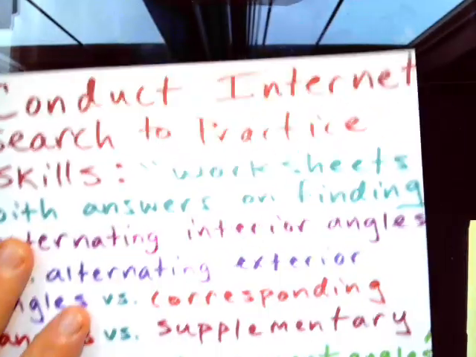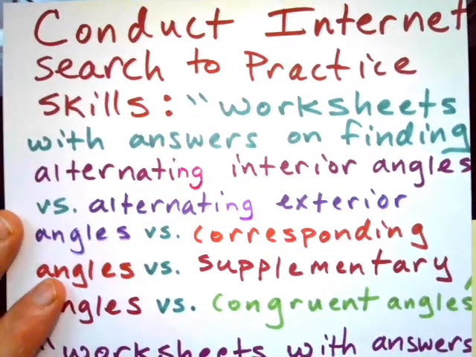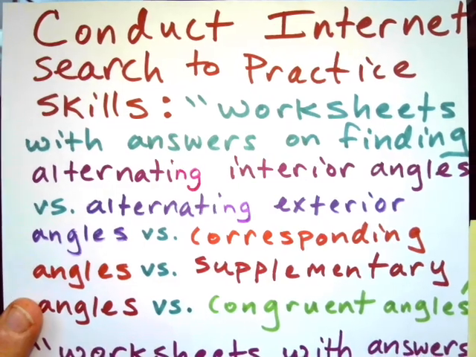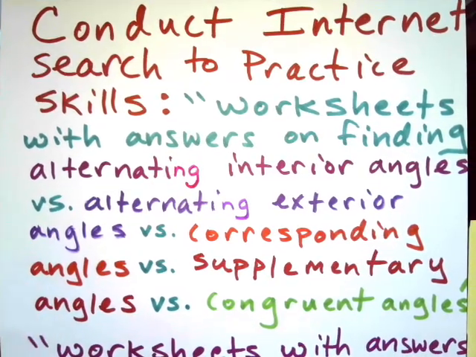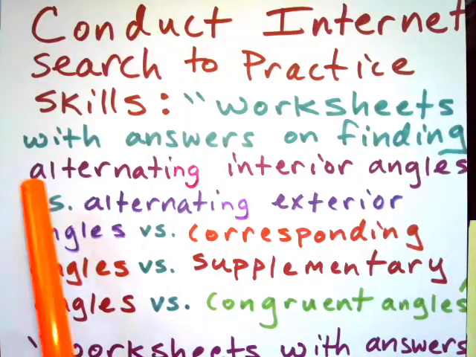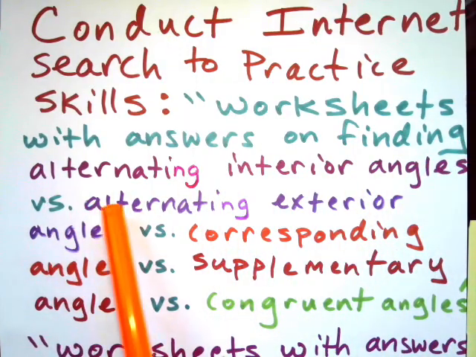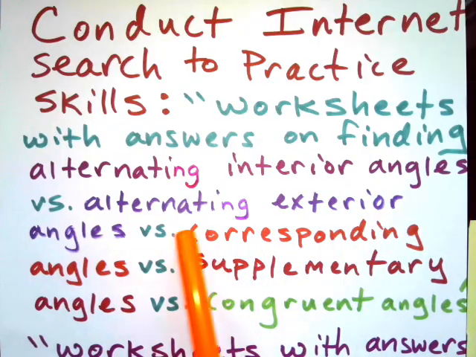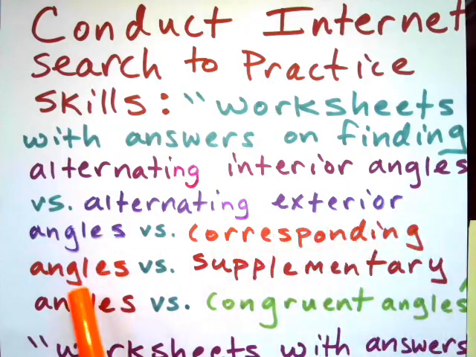That's why I want you to do an internet search. I'm going to share this with you again, and I apologize to those of you who have been following along. This gets to be a little redundant, but this is really good stuff for you. Punch in worksheets with answers on finding alternate interior angles versus alternate exterior angles versus corresponding angles versus supplementary angles versus congruent angles.